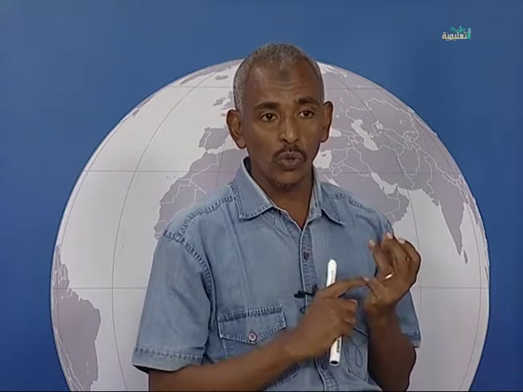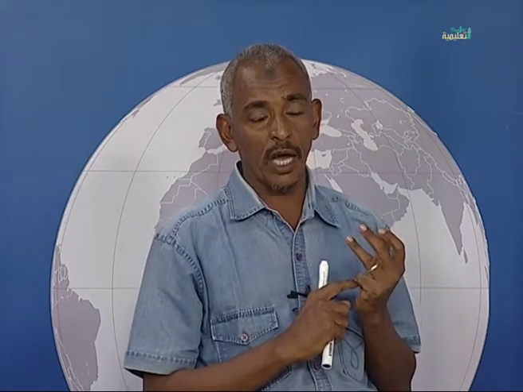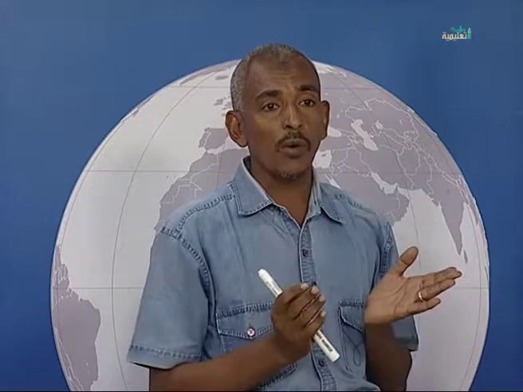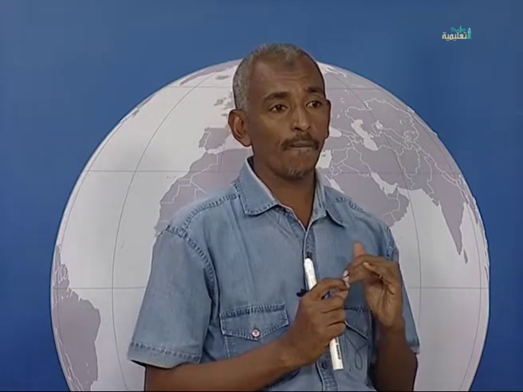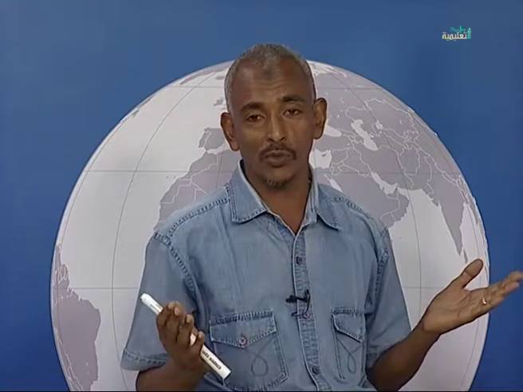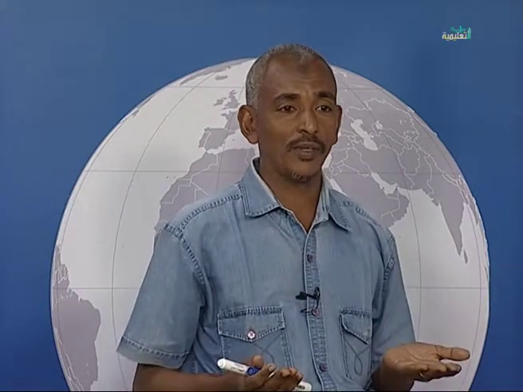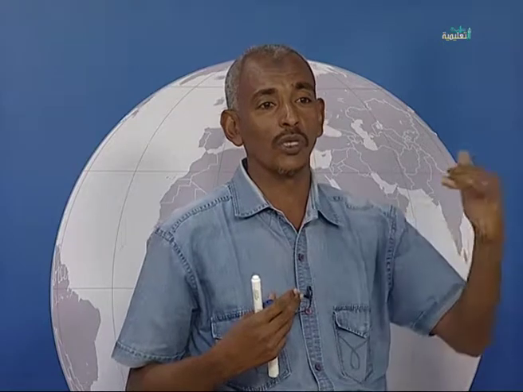For conditional 2 or sentence type 2, we talk about something that is impossible to happen. For example, if I were a fish, something impossible for me to be a fish. If I were a fish, I would not be caught.